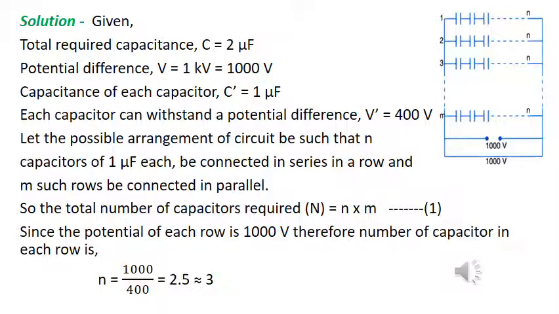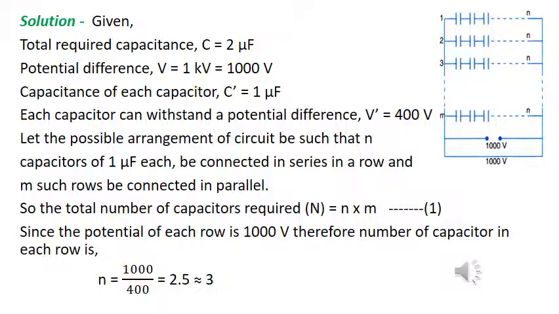Since the potential of each row is 1000 volt and one capacitor can withstand 400 volts, the number of capacitors in each row is 1000 divided by 400, that is, total potential divided by potential carried by one capacitor.